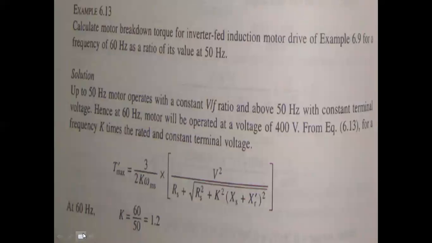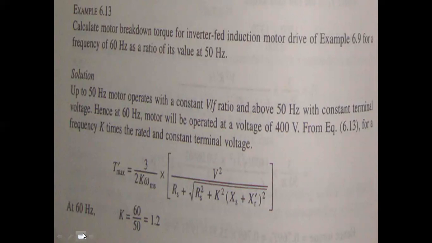So see, up to 50 Hz the motor will be operating with a constant V/F ratio, and above 50 Hz, it will be at constant terminal voltage. So for 60 Hz the motor will be operating at 400 volts as given. This 400 volts is given in the previous problem 6.9, so the same terminal voltage can be considered.